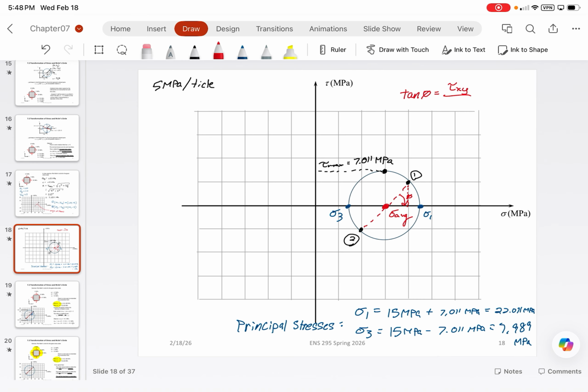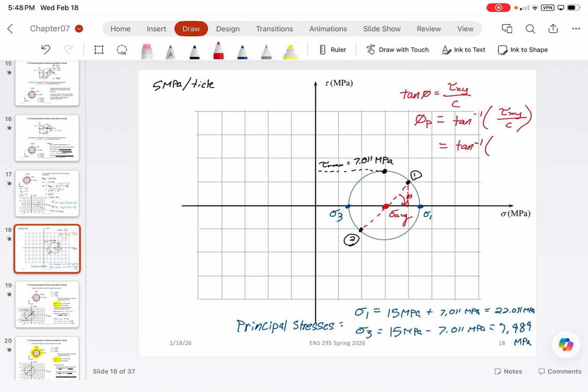It's C, right? So tangent theta is equal to tau xy over C. And what this will give you is this term theta p, which is the angle we need to rotate in order to get the principal stresses. So theta p is just equal to tangent to the negative 1 of tau xy over C. We know tau xy, we know C.